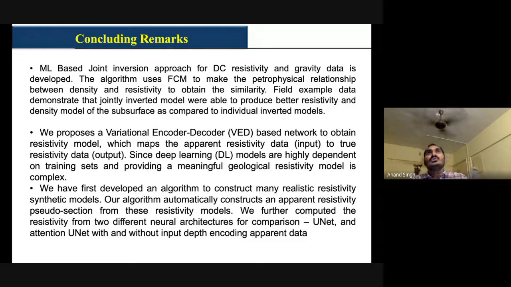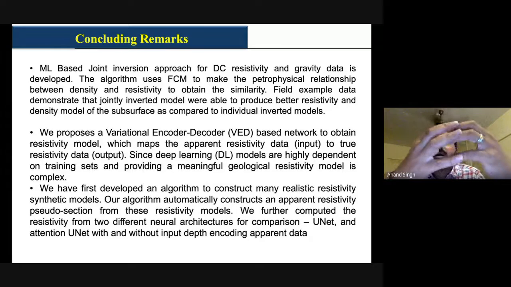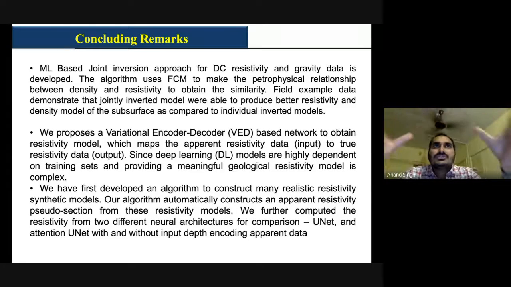So to improve our image, one way forward is that over the study region you try to utilize geological knowledge as well. For example, you utilize multiple geophysical data sets to improve your image, and also try to get the geological knowledge.